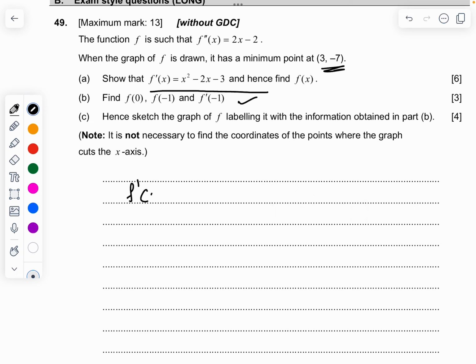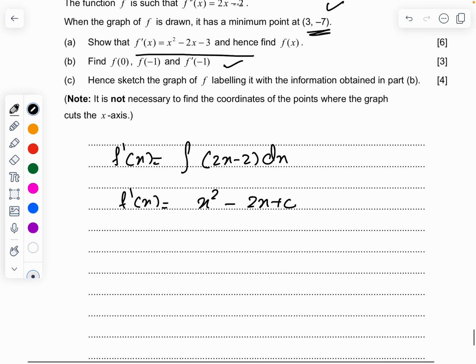So what will be f prime x? The integral of that will be the integral of 2x minus 2 dx. So f prime x will become x squared minus 2x plus c. But the minimum point is (3, -7). So what is that?